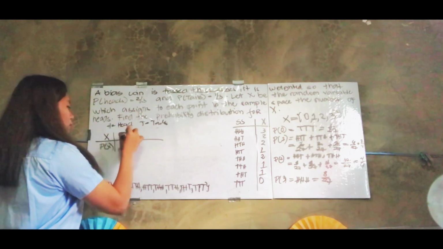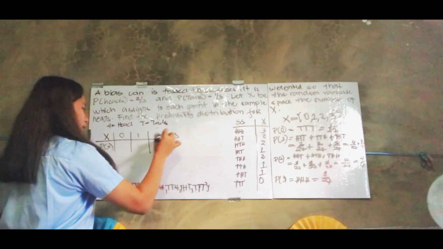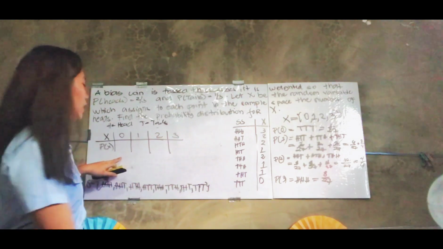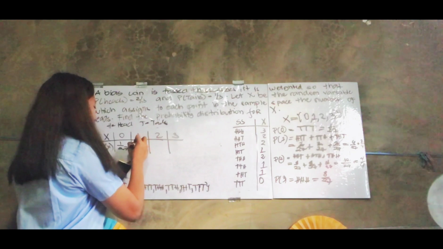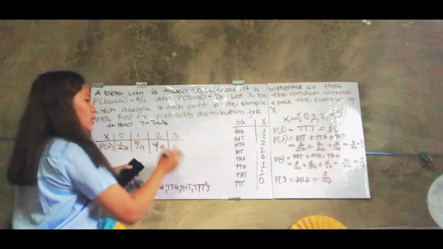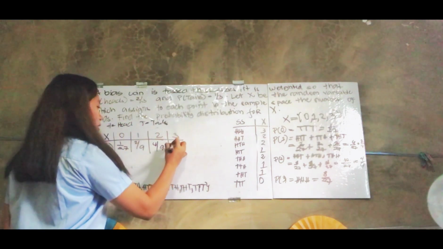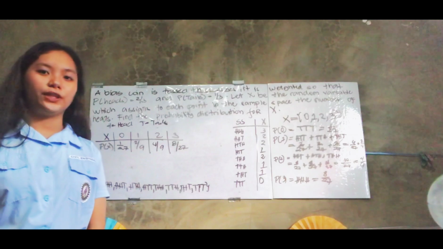We have 0, 1, 2, and 3. For 0, we have 1 over 27. For 1, 2 over 9. For 2, we have 4 over 9. And for 3, we have 8 over 27. And that is our answer for this problem.